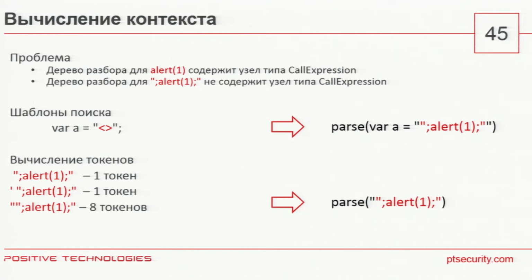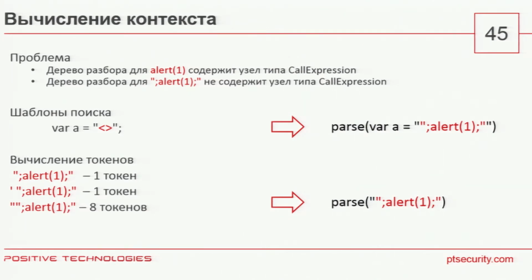So how, in the simplest case, can this problem be solved? A set of search templates is built. Let's say var a equals this. So we will need to substitute these strings into the string with the definition of the var variable, and do the parsing.